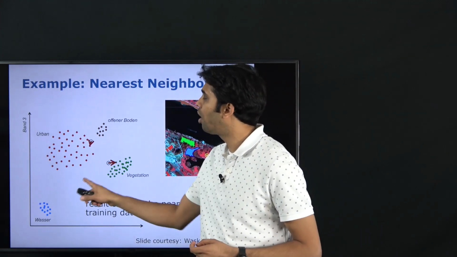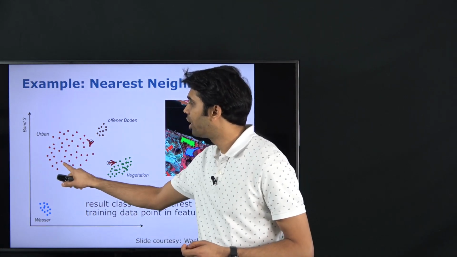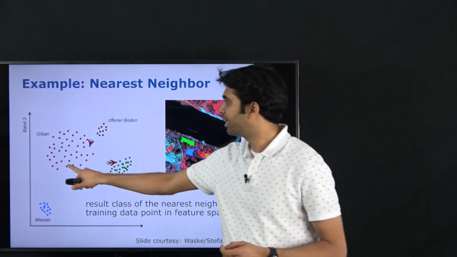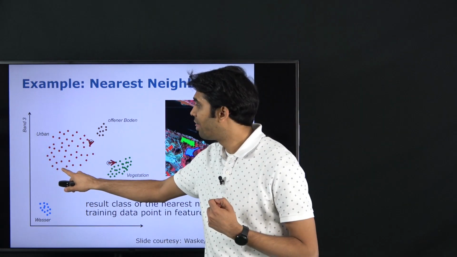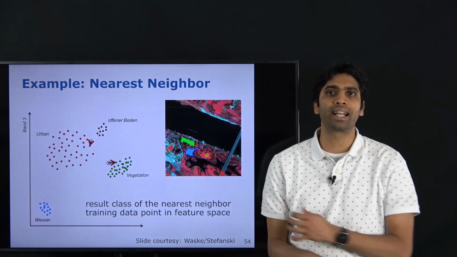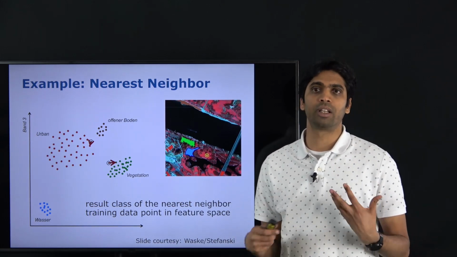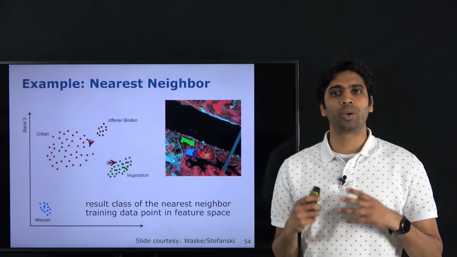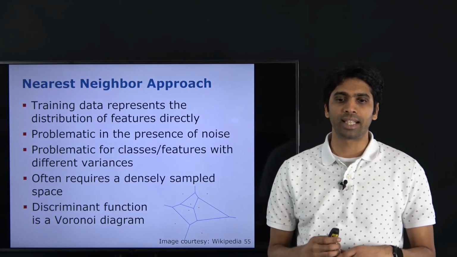For example, these are all examples from the urban environment, and if just one point in here, let's say here, is a vegetation example, then all the points close to that point will now be predicted as vegetation pixels or vegetation regions. So this is quite prone to noise in that sense.